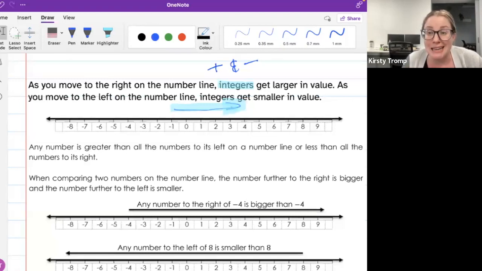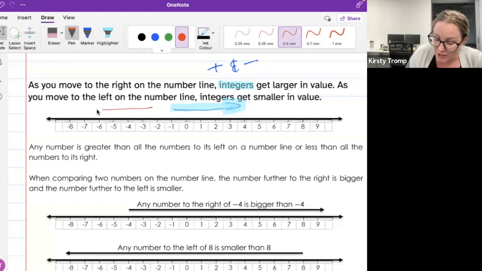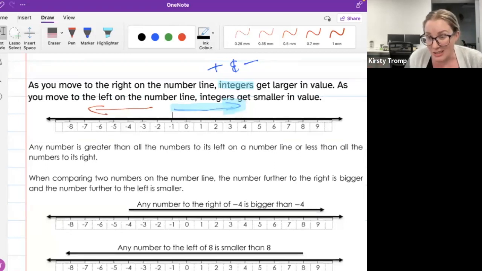As we move to the right on the number line, our integers get larger in value. As you move to the left on a number line, our integers tend to get smaller in value.